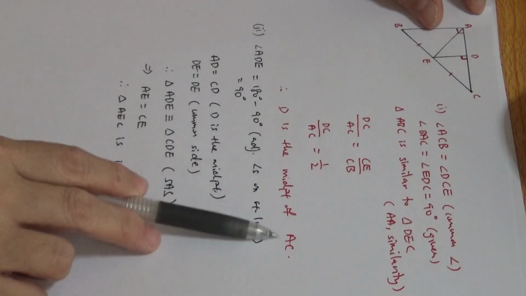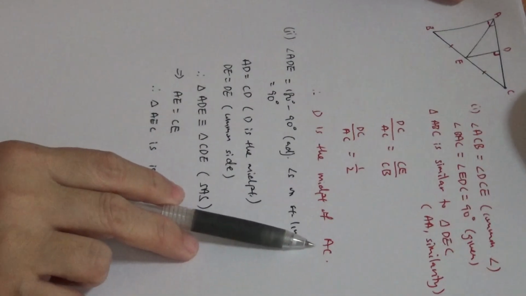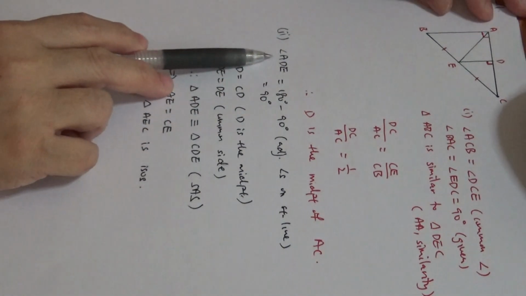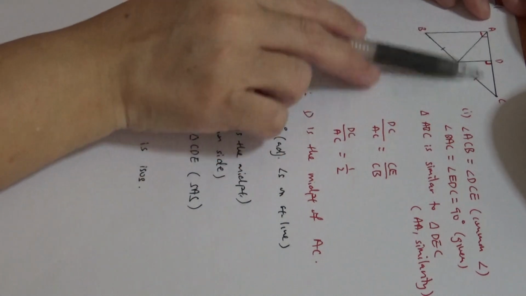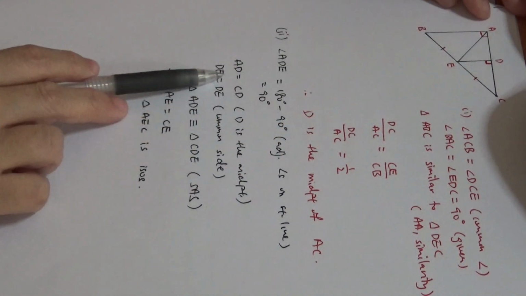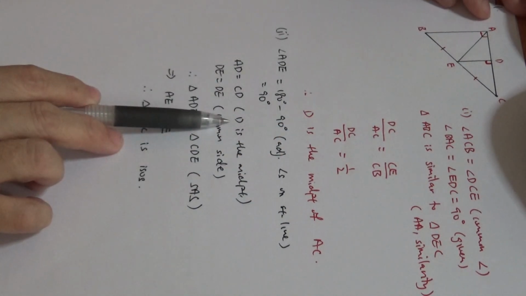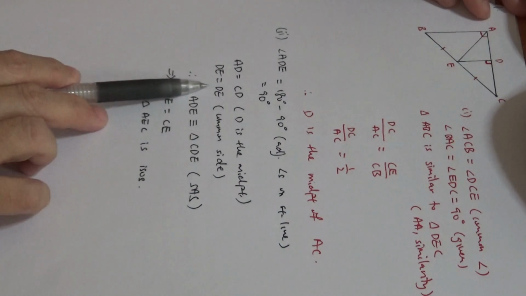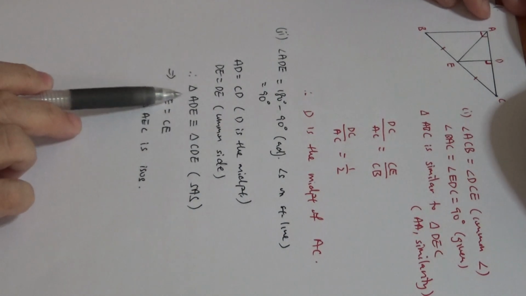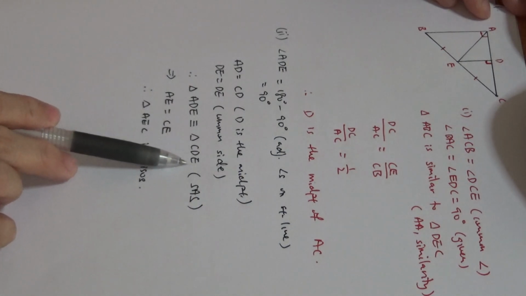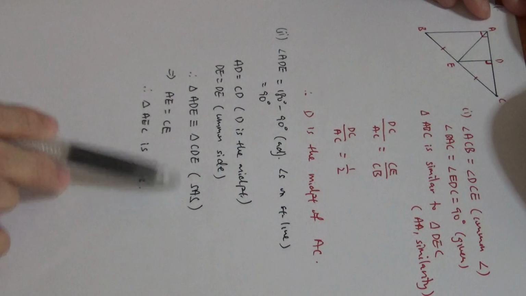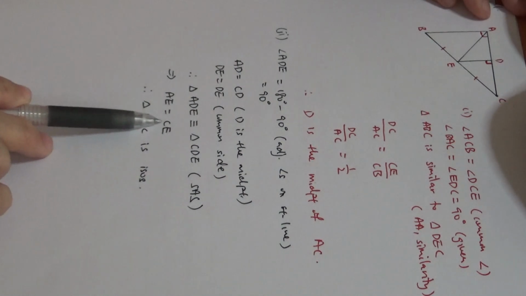Next, I'm going to show that angle ADE is 180 minus 90, because these are adjacent angles on a straight line, 90. AD is equal to CD because D is the midpoint, and DE is a common side. Therefore, triangle ADE is congruent to triangle CDE by SAS property, and AE will be equal to CE.